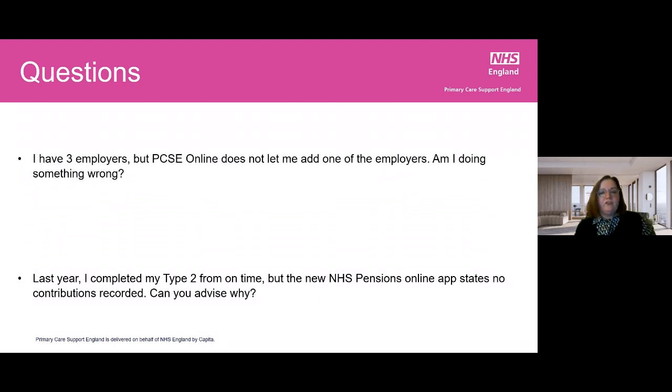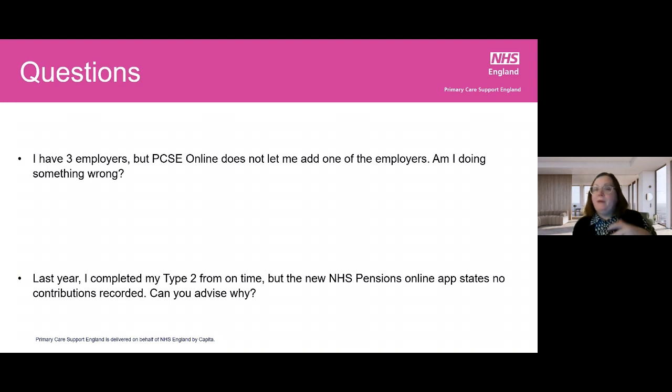This is a bit more back to PCSE online, what I'm trying to do when I'm completing the form. So this person's got 3 employers. I've had people mention all sorts of numbers, and when they're trying to add a practice, the system's not allowing them to do that. Mostly that will be down to 2 things.